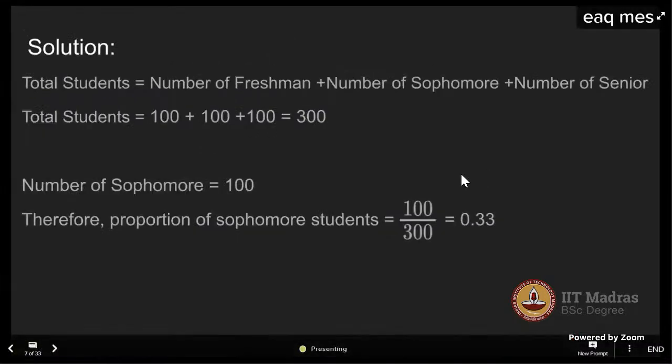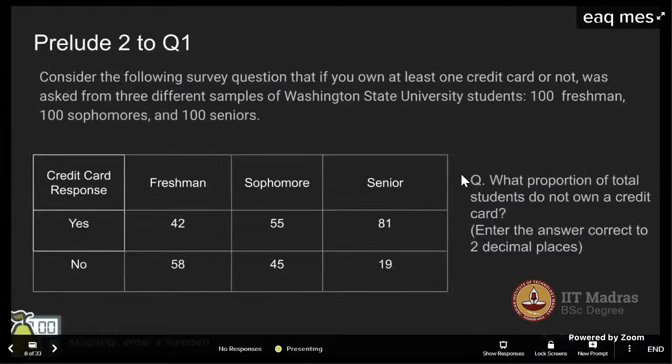Moving on, it's the same data, the same survey of Washington State University students.